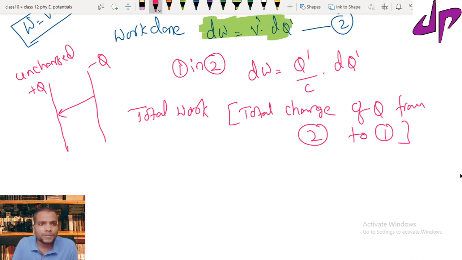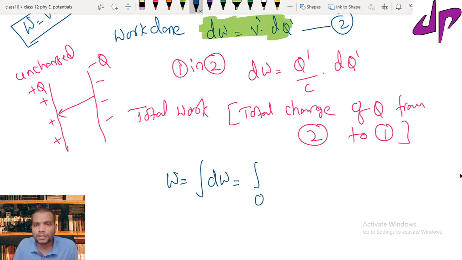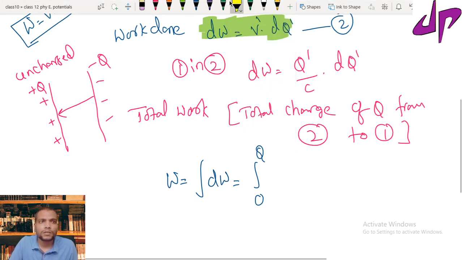So the total work done by me is W equal to the integral of dW, with limits 0 to capital Q, because initially the plates are uncharged, so the lower limit goes to 0.